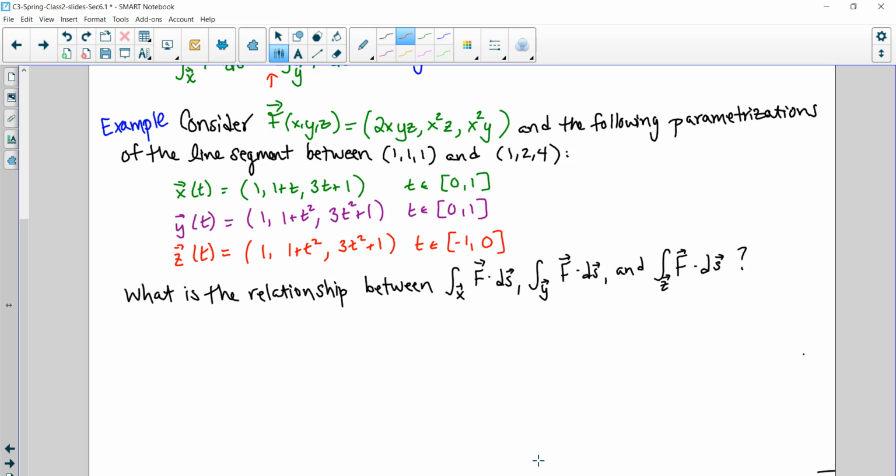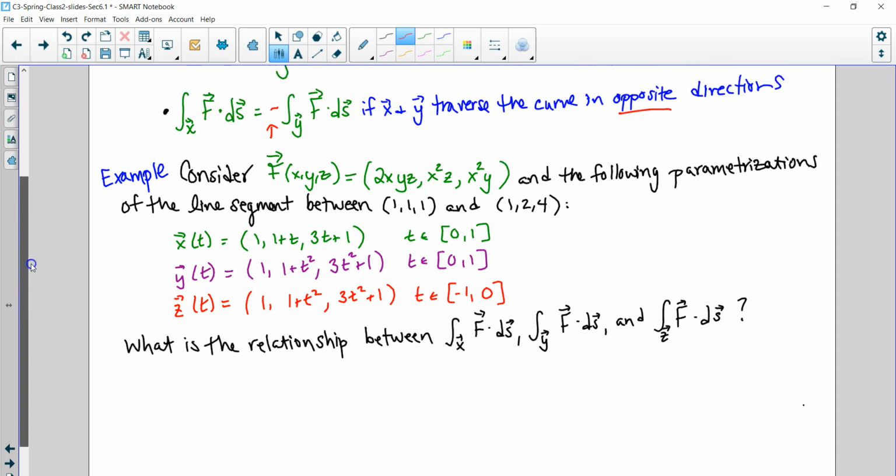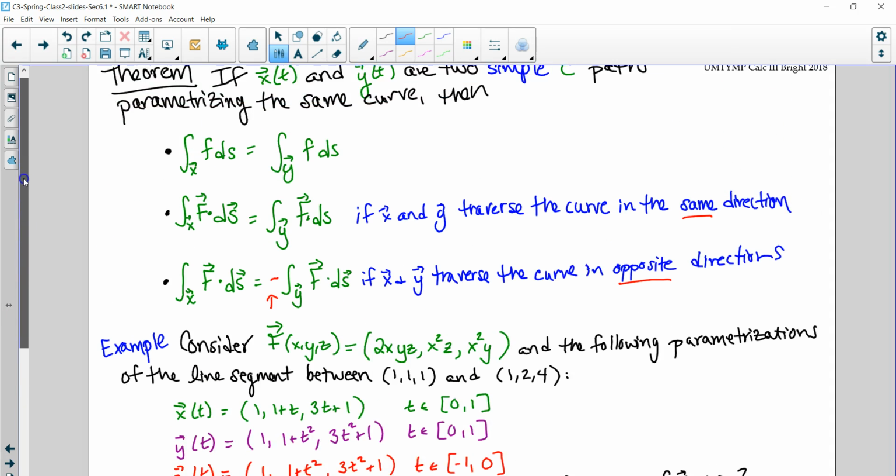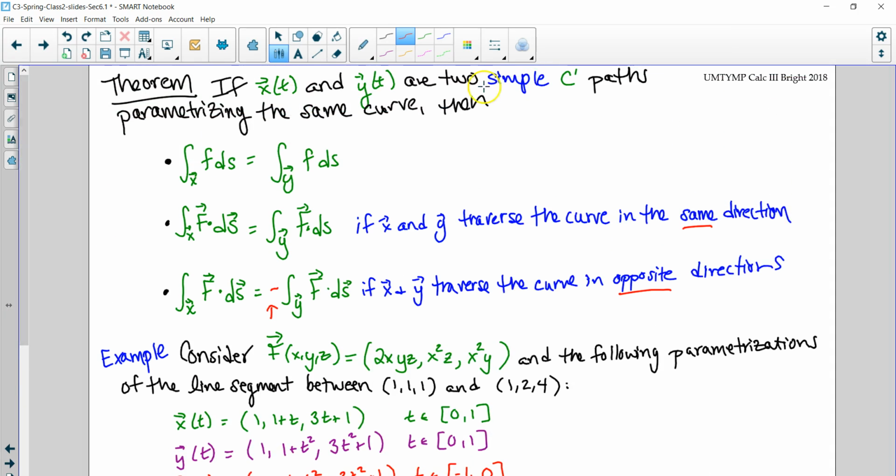If we're very careful, we can see that these are all parameterizations of the same curve. I'm thinking they're simple, yep, because they're at most quadratic. They're not going to intersect themselves. Fine. So I'm thinking that it's going to be one of these two cases.